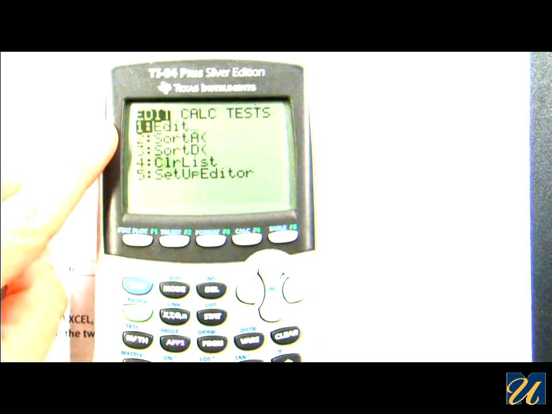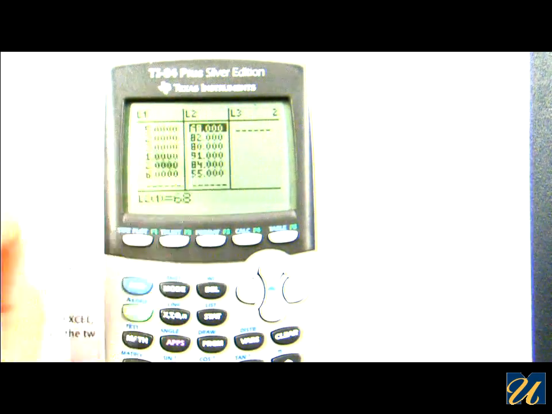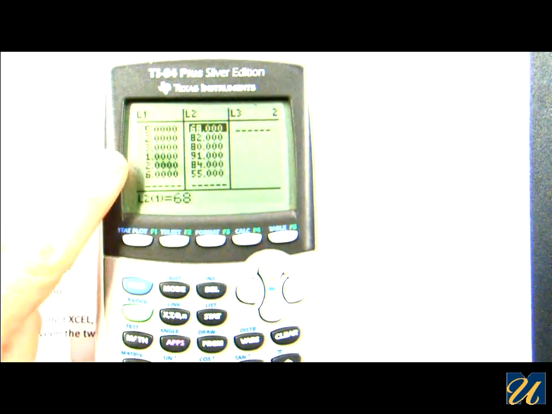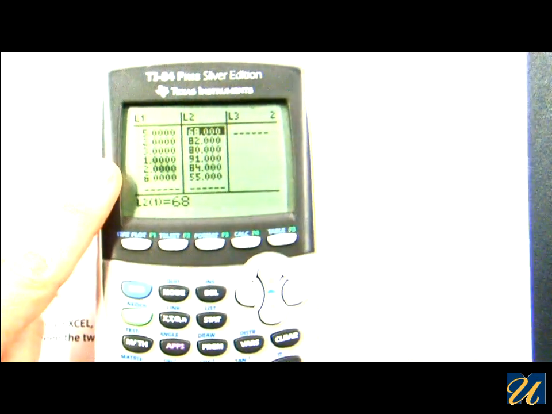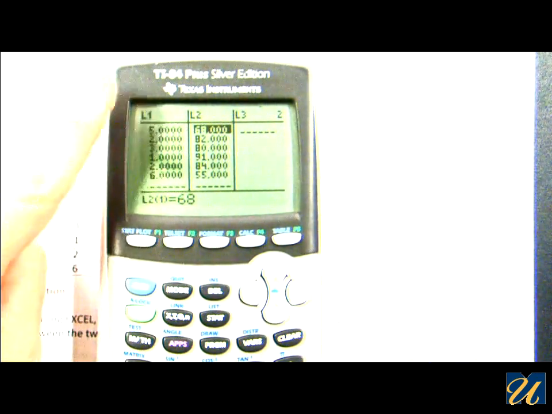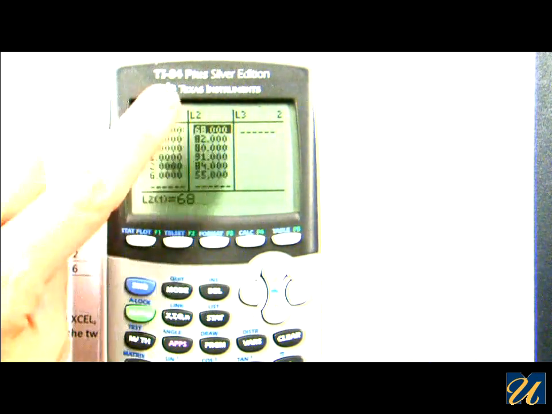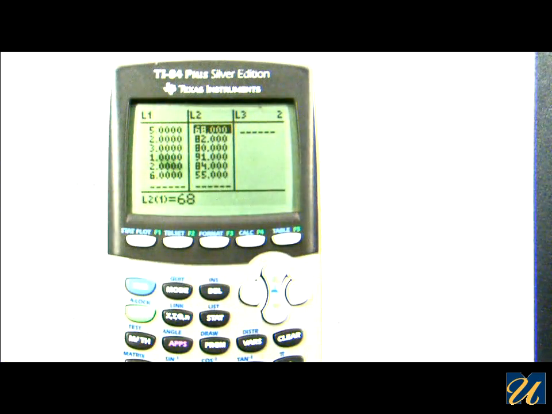It automatically brings you to Edit, Enter. You have L1 and you have L2. Under L1, you will always be entering your x values, and under L2, your y values. So your independent values, x, will be going under L1. Your dependent values, y, will be going under L2.